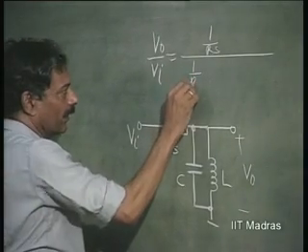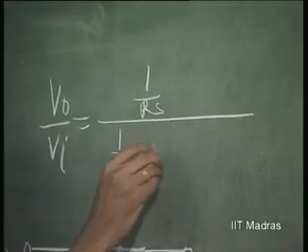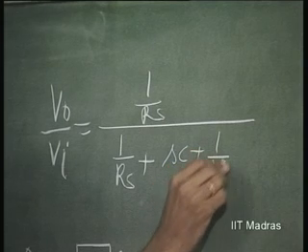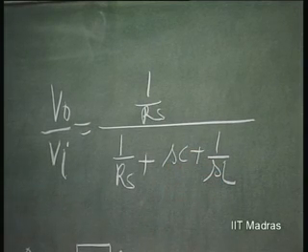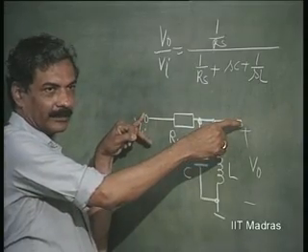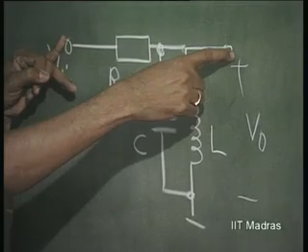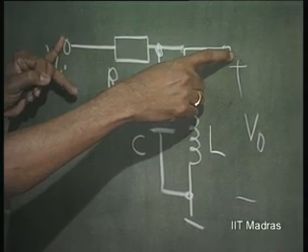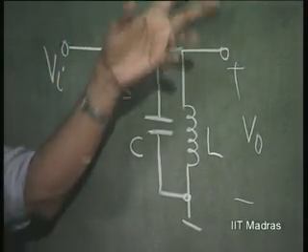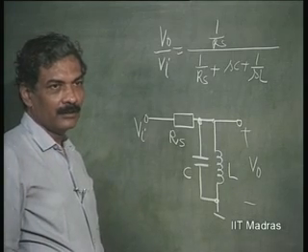So, 1 over Rs plus Sc plus 1 over Sl. This is the transfer function, an easy way of writing: the conductance or admittance linking the source with the output divided by the summation of all admittances.